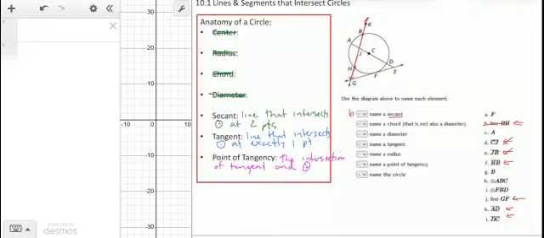HB, H and B are on the circle, so that means F would be my option. If I wanted to verify, A and D, those are a chord, but it's also a diameter, so I'm going to call that K for the next one. And again, I used HB here. And if I wanted to confirm D and C, C is not on the circle, so that one wouldn't fit as well.